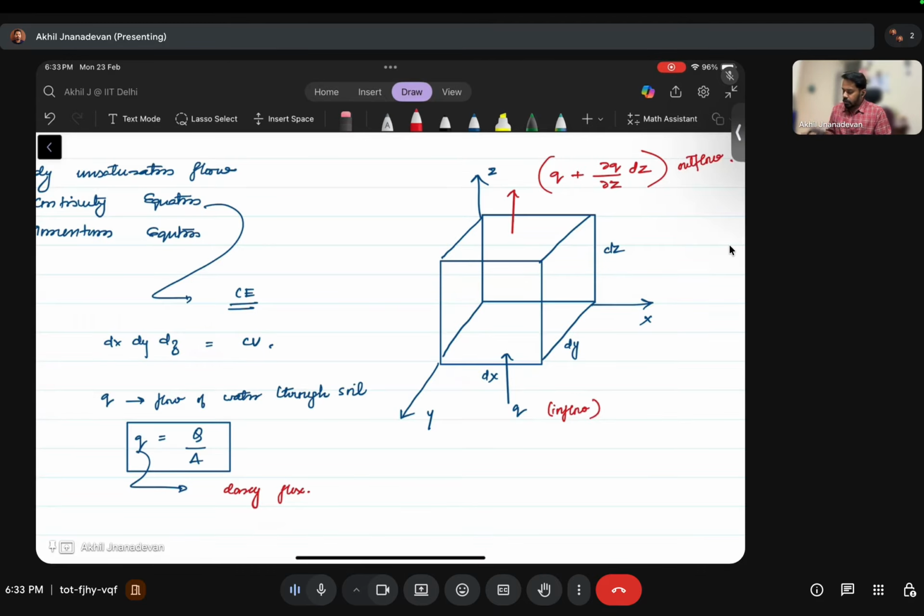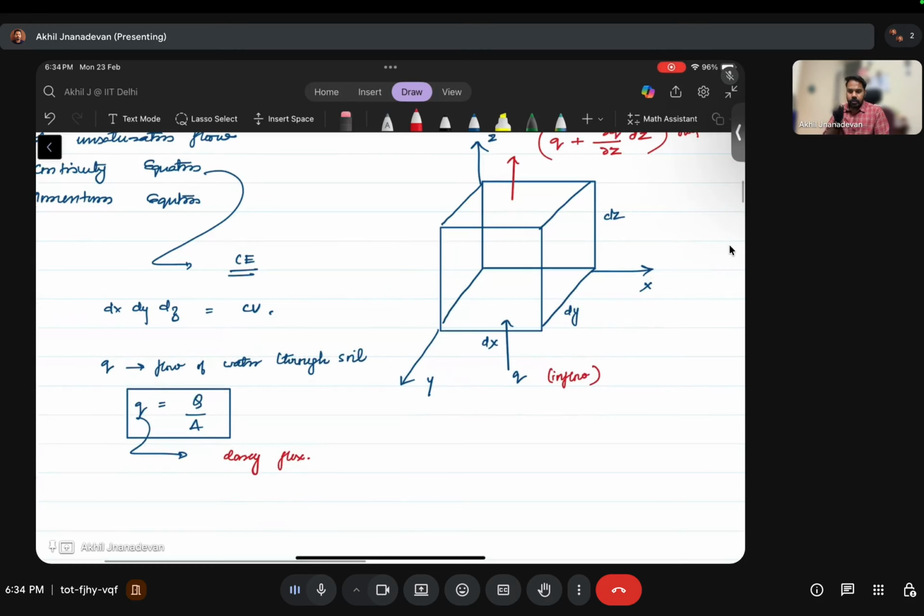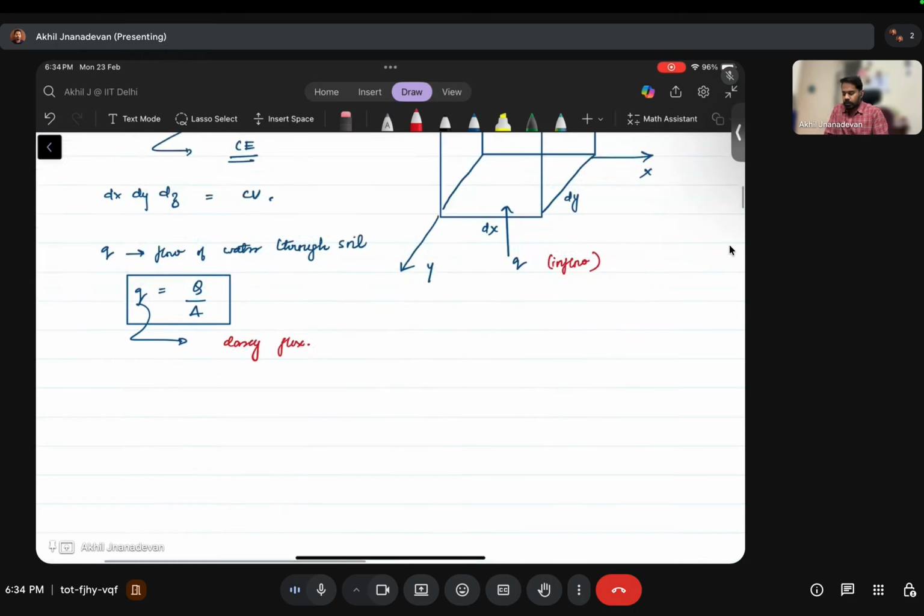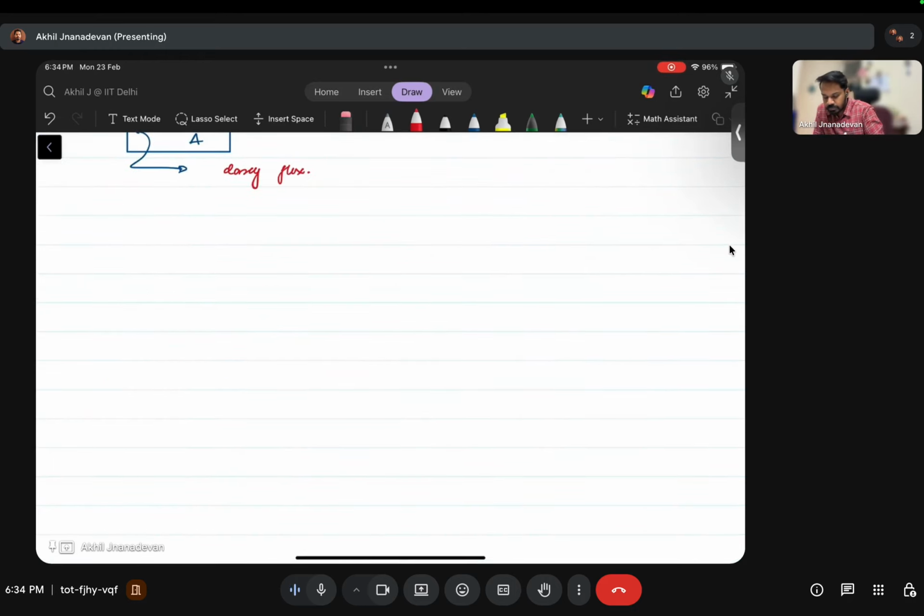Based on considering this control volume, we derive our continuity equation, which comes out to be dou Q by dou z plus dou theta by dou t is equal to 0. So this is the continuity equation.